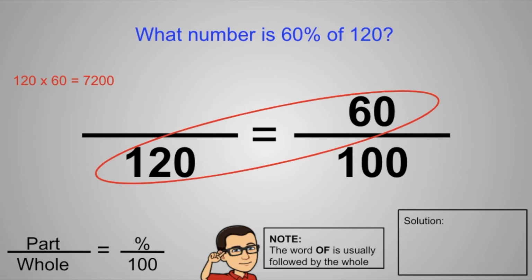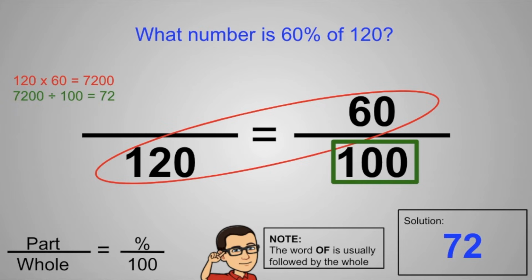First we multiply 120 times 60 equals 7,200. Next we divide by the only other number left in the proportion, which is 100. 7,200 divided by 100 equals 72. So our solution is 72. 72 is 60% of 120.